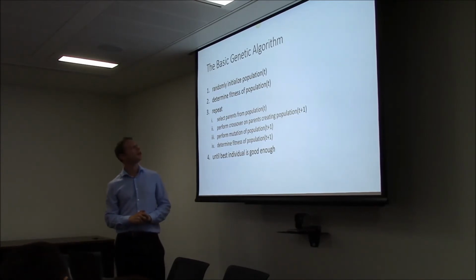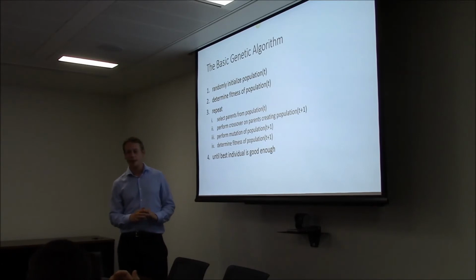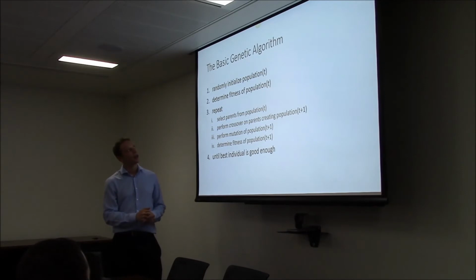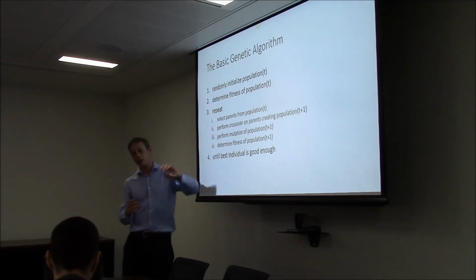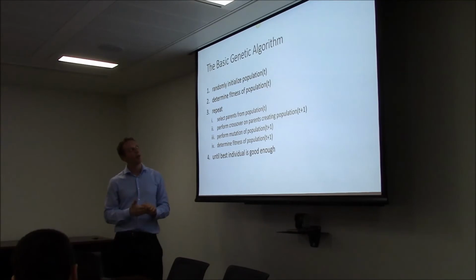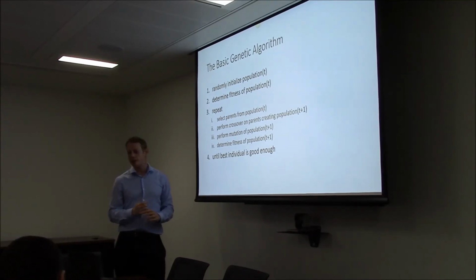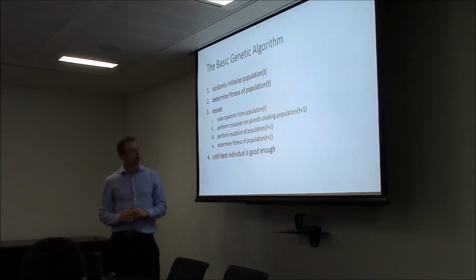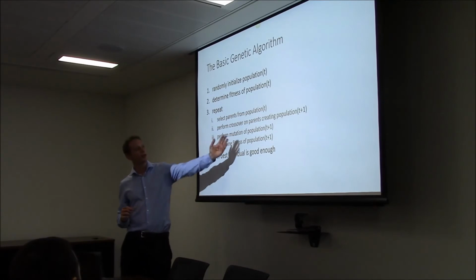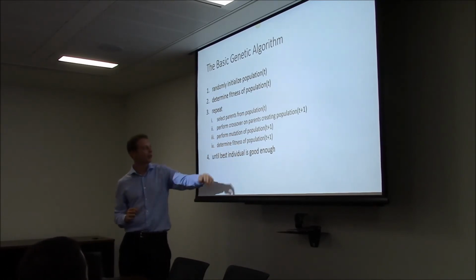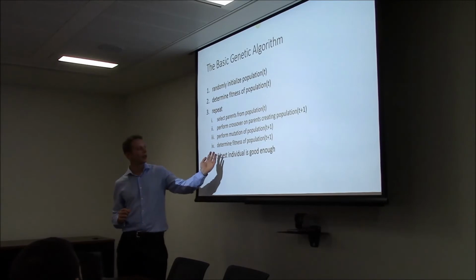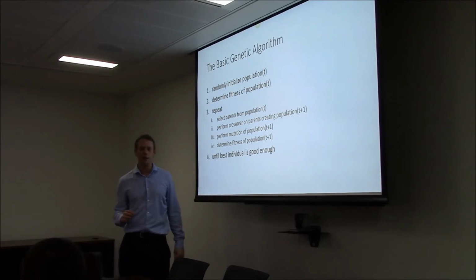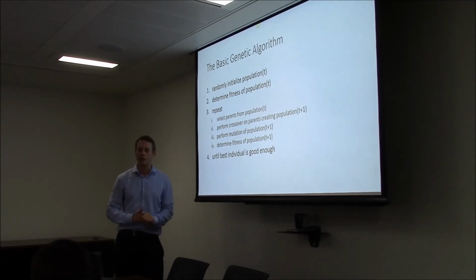And then we would go into a loop where we select the parents based on a randomly generated element, but in proportion to the fitness of the individual divided by the fitness of the entire population. We would then perform crossover, then a mutation, and then perform another fitness calculation on the population. And we just repeat that until we got a solution that we thought, right, that's good enough, that meets our goals.